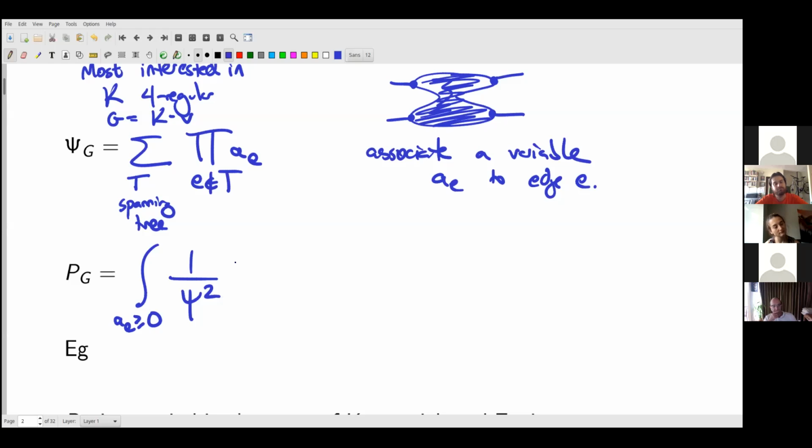If you're an algebraic geometer first, think of this as a projective integral with a projective volume form. But let's explicitly take an affine piece to keep it elementary: set one of the variables to 1, say A1 equals 1, and integrate all the rest.